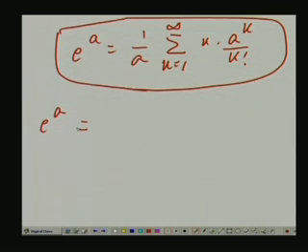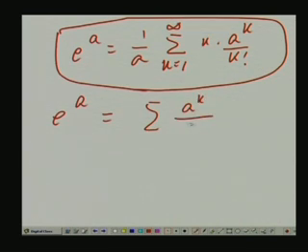Well, I am not differentiating this, I am sorry. Let us take down that series again, e to the power a, that was written as the sum of a to the power k by factorial k, k equal to 0 to infinity.